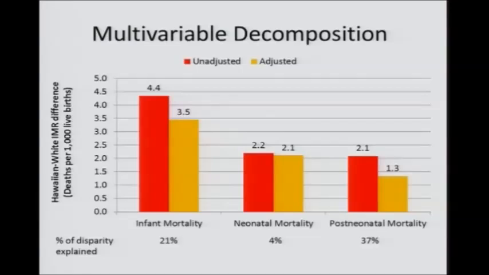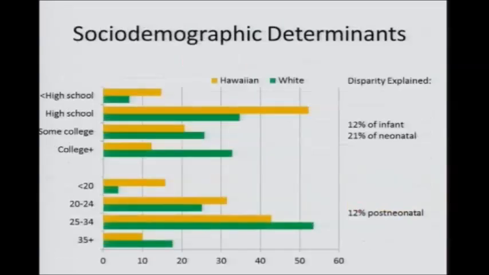They're less likely to have multiple births. And we could explain 37% of post-neonatal mortality. And everything actually adds up to total, which is really nice in the linear model. It's really just rounding error if you're noticing anything different.